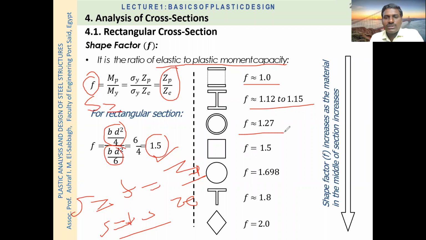Shape factor for hollow circular is 1.27. Shape factor for rectangle is 1.5. Shape factor for circular section is 1.698. Shape factor for T section is 1.8 and shape factor for diamond section is 2. So these are the shape factors for the particular sections.